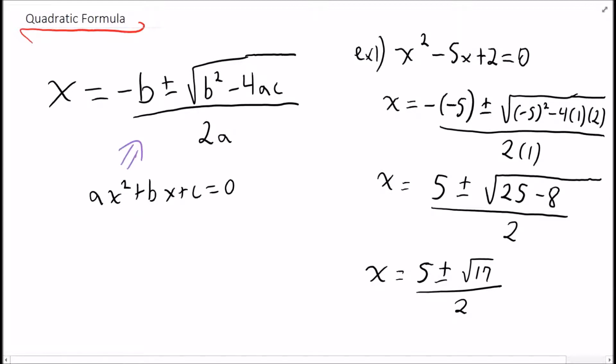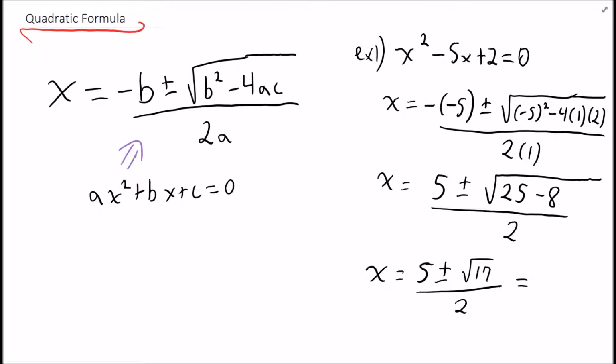They're not very nice numbers, but we can verify our final answer. I would go 5 plus the square root of 17, all divided by 2, and the other answer will be 5 minus the square root of 17, all divided by 2.